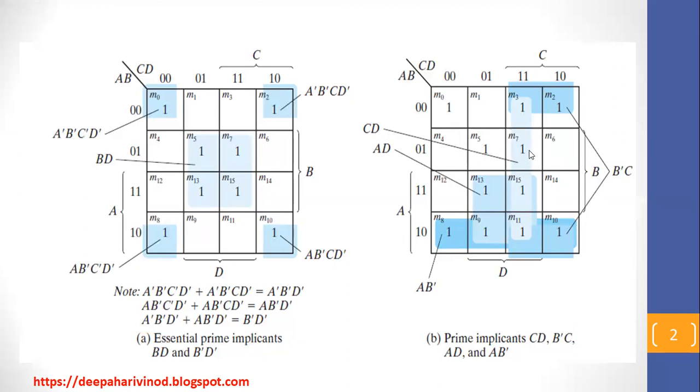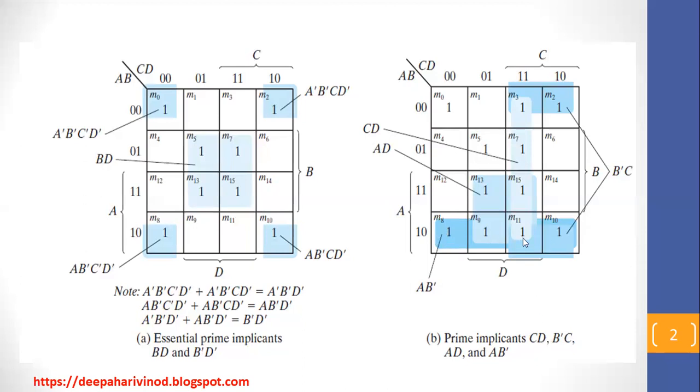It can also be included along with this group, and to include the corner 4 ones we can go that way, but check which is essential so that it covers all the ones in one or the other particular group.